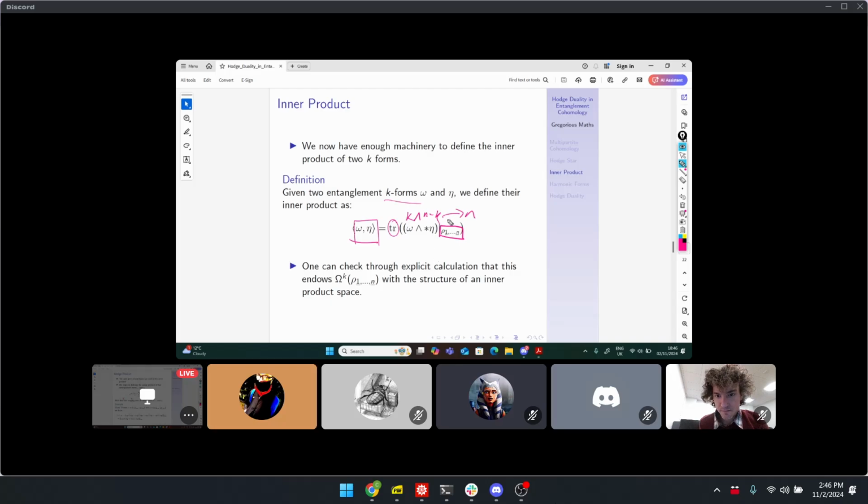In the paper there are a bunch of summations and stuff like that, which give this definition in a more explicit form. And through that form, you can also show that this gives us an inner product space structure.